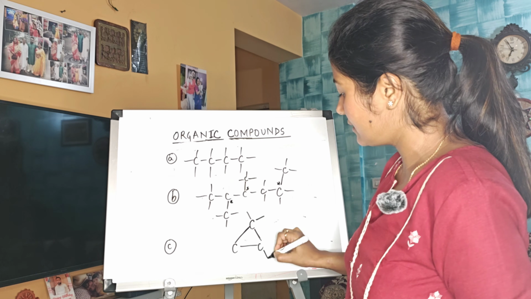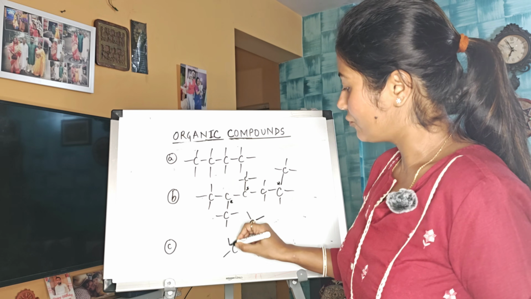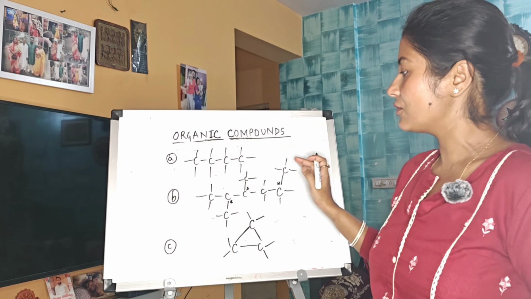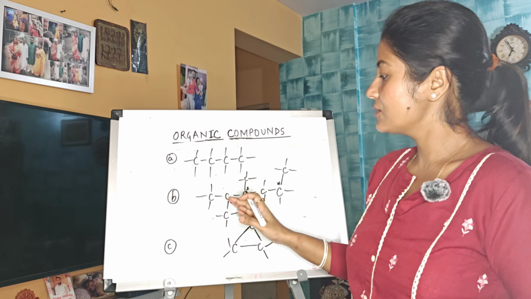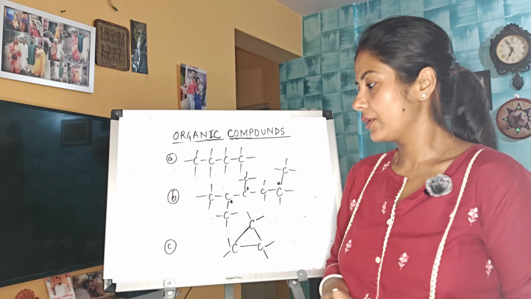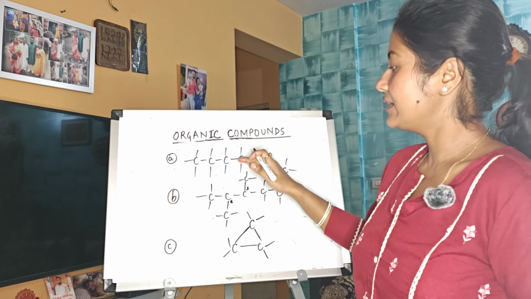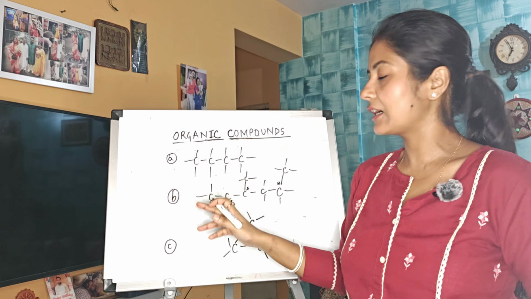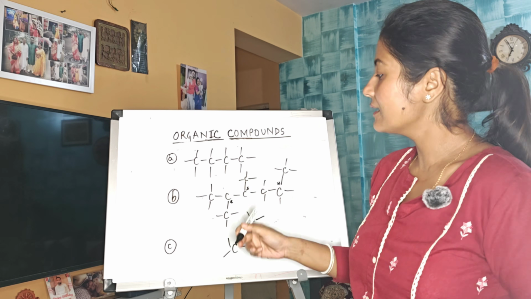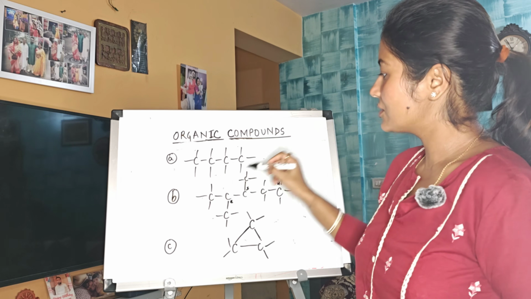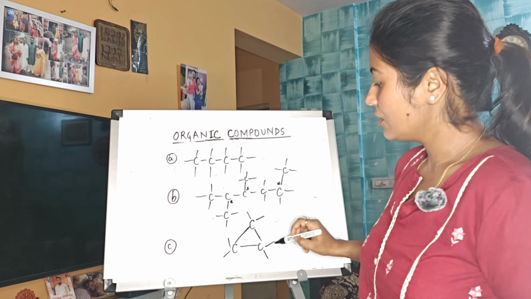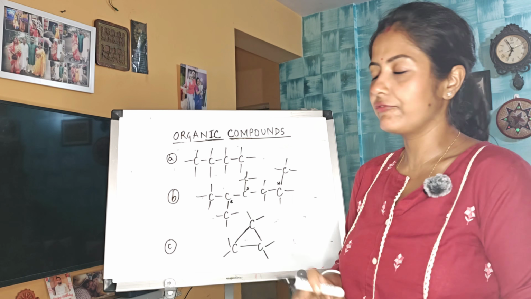For this carbon similarly, for this also 4. So you can see that in all the types of patterns that I have shown, carbon is always exhibiting a valency of 4. These are the 3 types of self-linkages that carbon can form via single bonds, either in straight chain, in branch chain or closed or cyclic form.